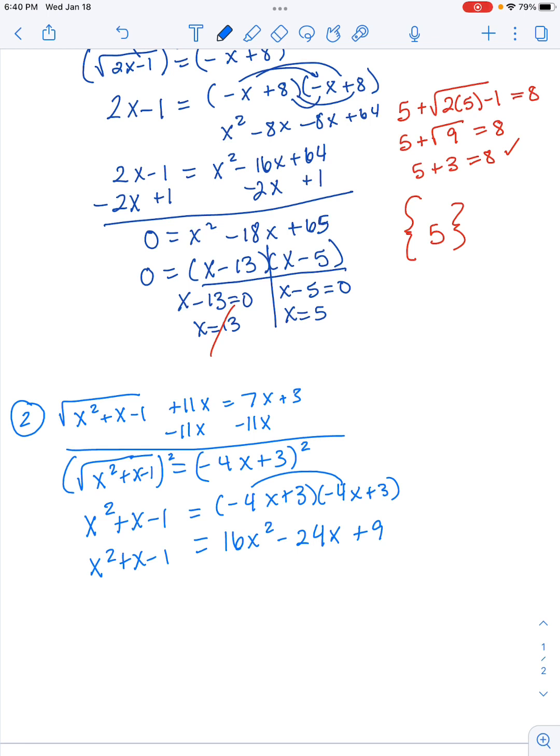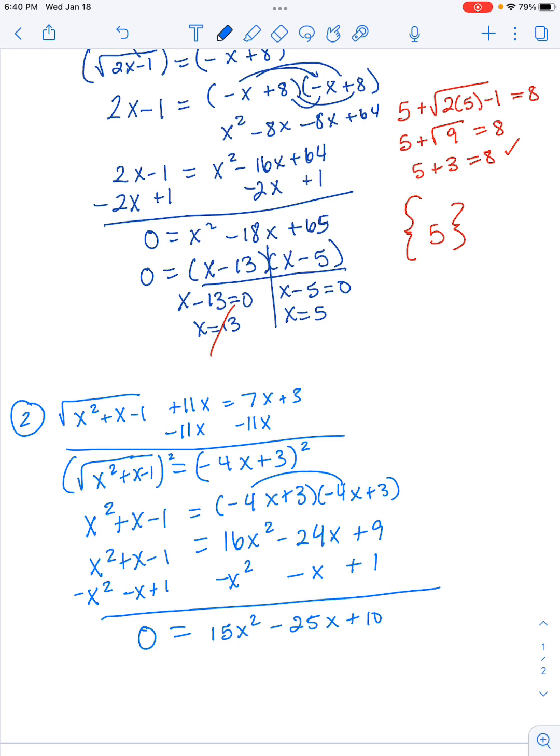So again, we want to keep the coefficient positive. So I'm going to subtract these values over to the other side, do the opposite. Minus x squared minus x plus 1. Get that left side equal to 0. We have 15x squared minus 25x plus 10.